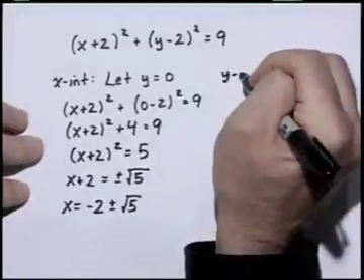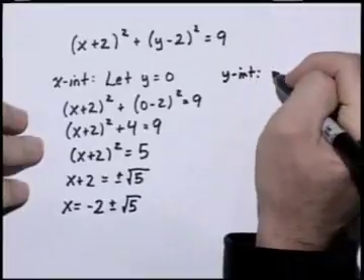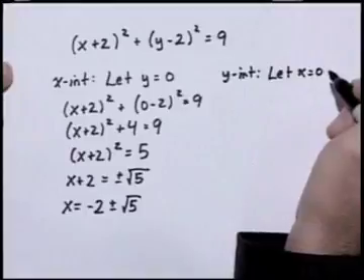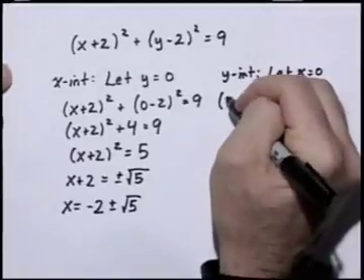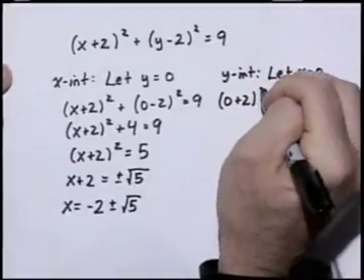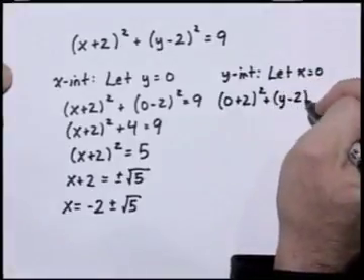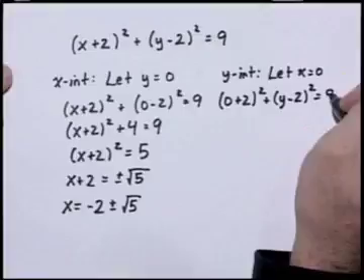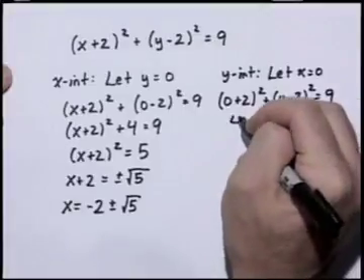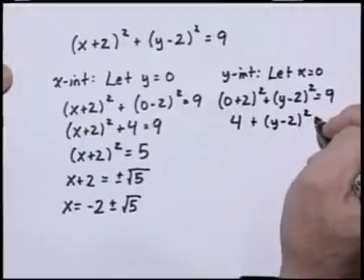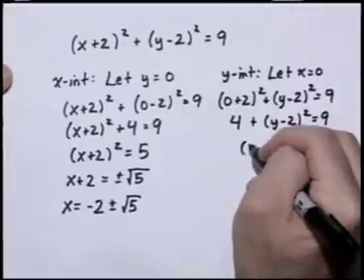To find the y-intercept, what you need to do is let x equal 0 in the equation. If we let x equal 0 in the equation, we get 0 plus 2 quantity squared plus y minus 2 quantity squared equals 9. So 4 plus y minus 2 quantity squared equals 9.